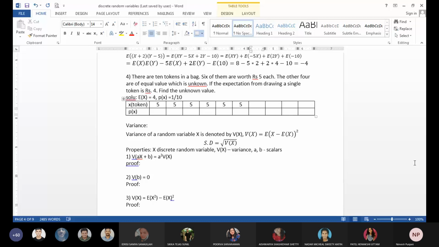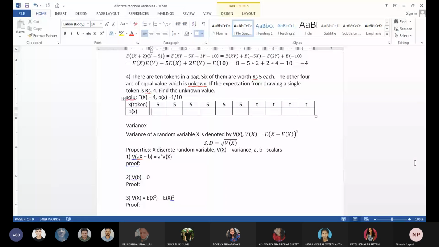Remaining 4, we take it as say K, or we take it as A. Chalo P. What we should take? P. Okay. So 6 tokens are of rupees 5 each, and remaining 4 tokens are of value T each.